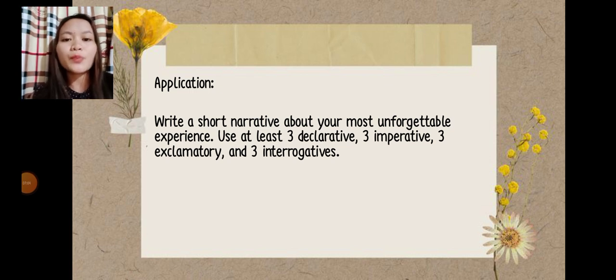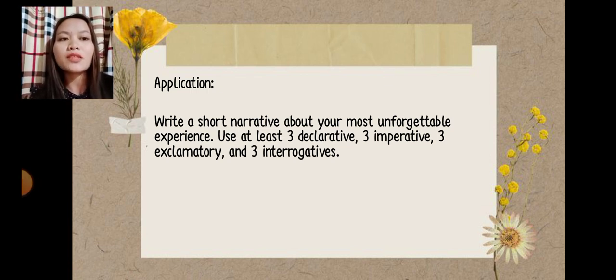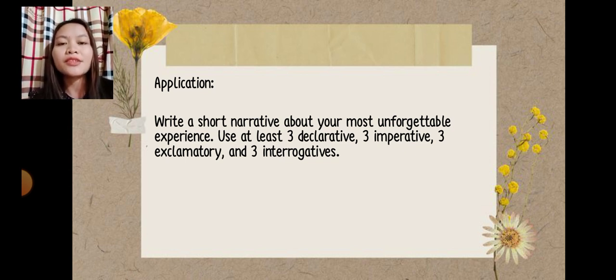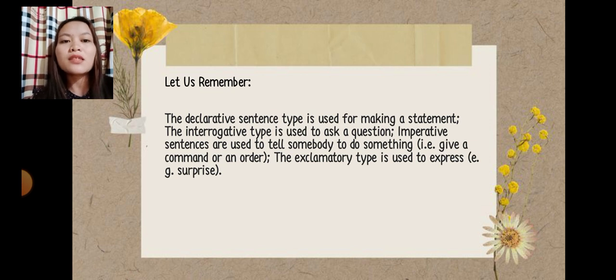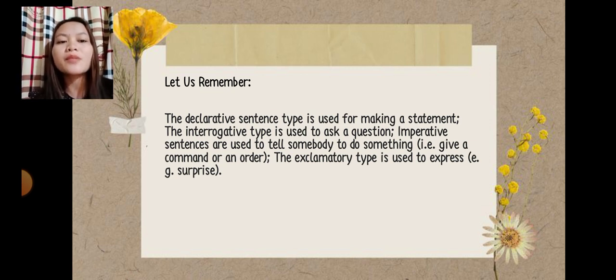Now let's proceed to the application. Write a short narrative about your most unforgettable experience. Use at least 3 declarative, 3 imperative, 3 exclamatory, and 3 interrogative sentences. Let us remember: the declarative sentence type is used for making a statement.